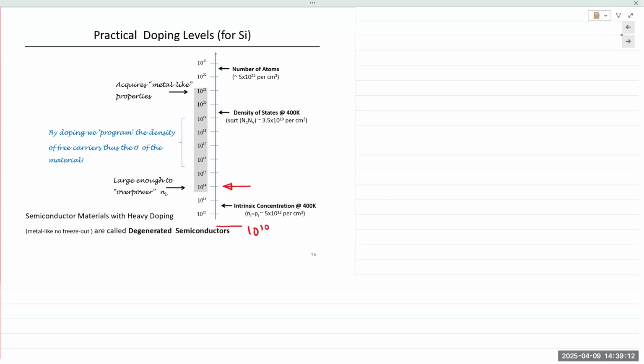As the doping concentration keeps increasing, yes. So the question being asked is, how does it affect the purity of silicon? It depends on how much area we are using.